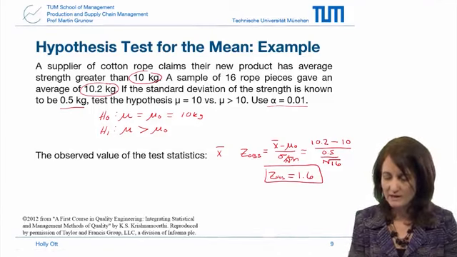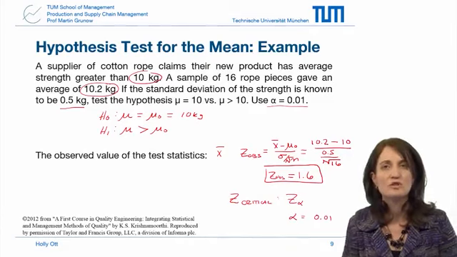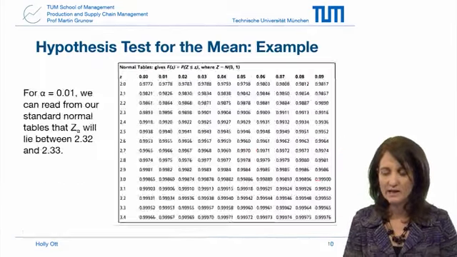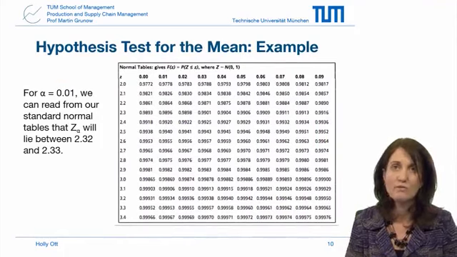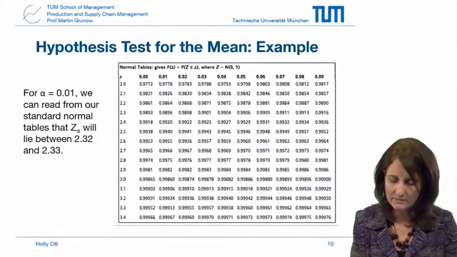Now we need to find our z critical, or we called it z alpha, where alpha equals 0.01. So to do this, we look in our normal tables. For alpha equals 0.01, we need to have then a probability of 0.99.